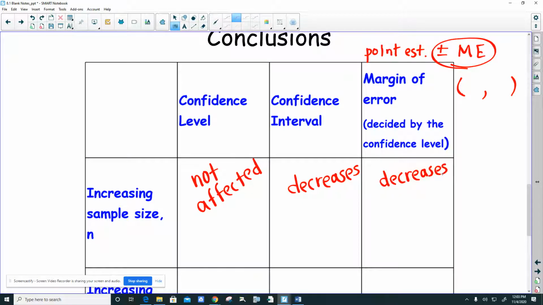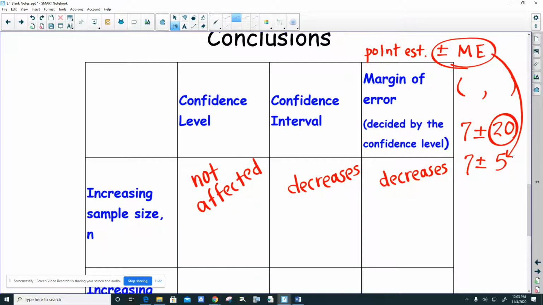Think about it like this: if my average is 7, and I add and subtract 20 versus 5, the bigger the number I'm adding and subtracting, the bigger my interval is going to be. So if my interval is decreasing as my sample size goes up, that probably means my margin of error is decreasing as well.